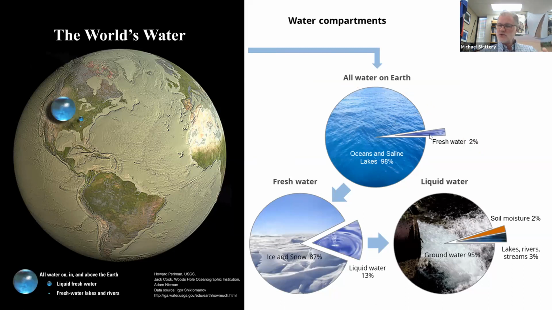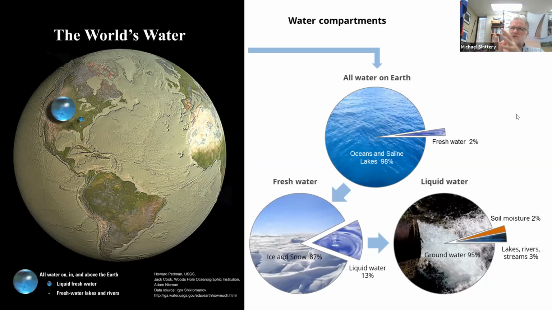If we take that 2 to 2.5% of fresh water and blow it up on the bottom left here, the bottom left represents all the fresh water on the planet, okay? You can see that the vast majority of the world's fresh water is tied up in ice and snow, right? 13% is liquid, okay? And then if we took the world's liquid water, the vast majority of that is in the ground.